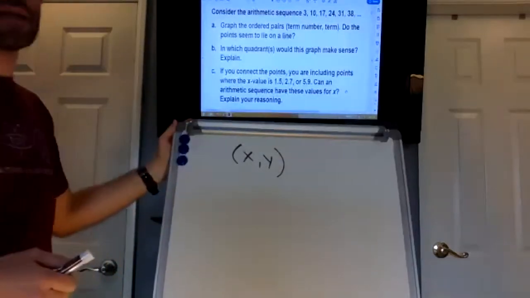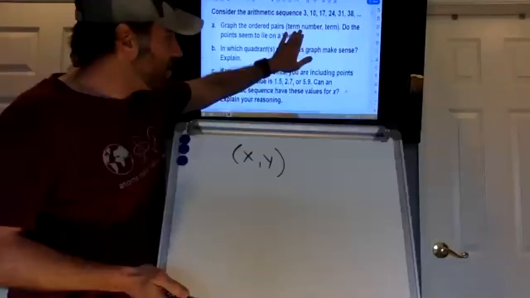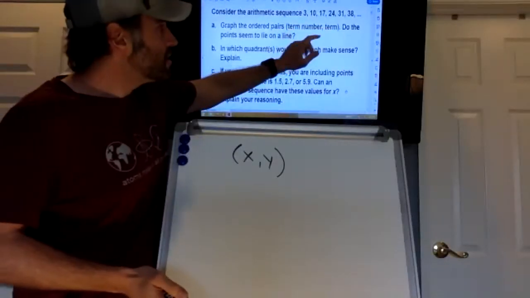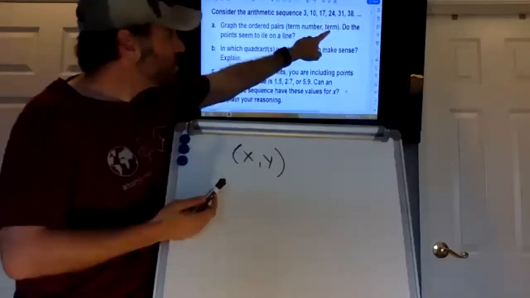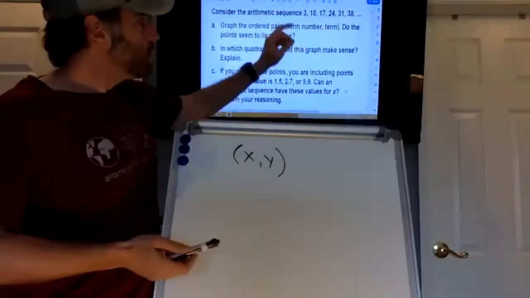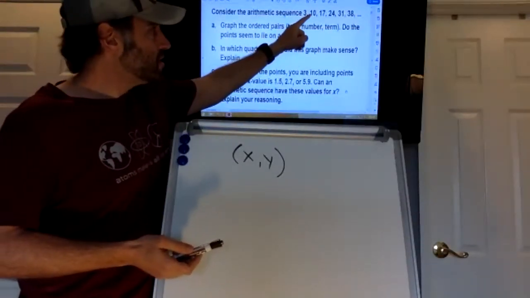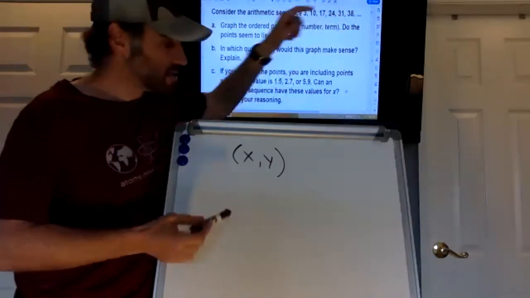I'm not making sense of that. So they kind of give you a hint here. Term number, comma, term. See that? So what do they mean by term number? Well, this is the first term. This is the second, the third, the fourth, the fifth, the sixth.